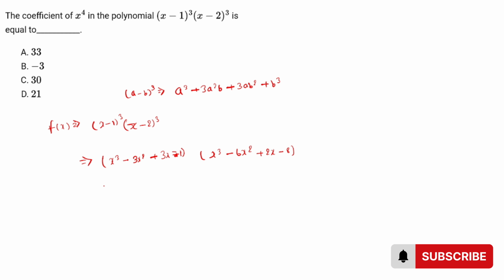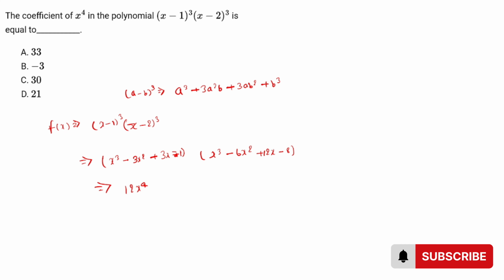We have to find x to the power 4. So x cube multiplied with 12x gives 12x to the power 4.